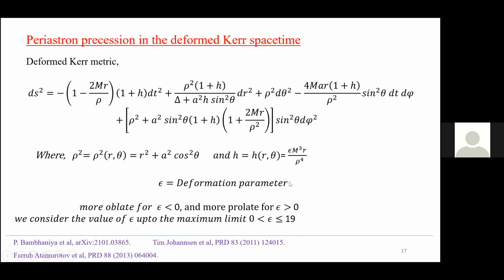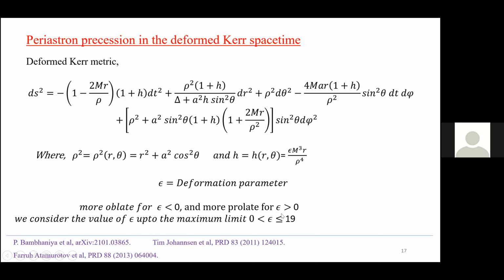The curved spacetime has an oblate shape, but the deformed curved spacetime is more oblate for a deformation parameter less than 0, and more prolate for a deformation parameter greater than 0.